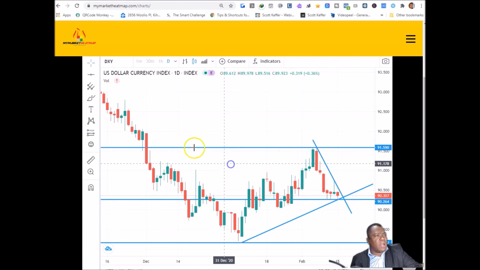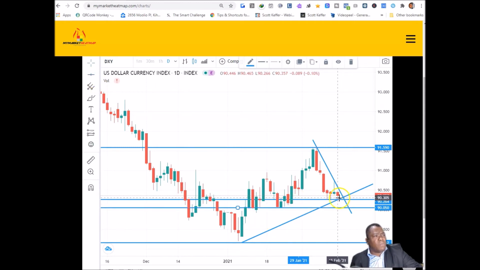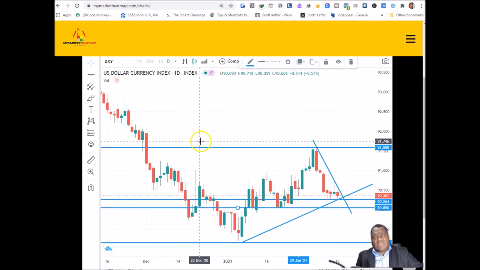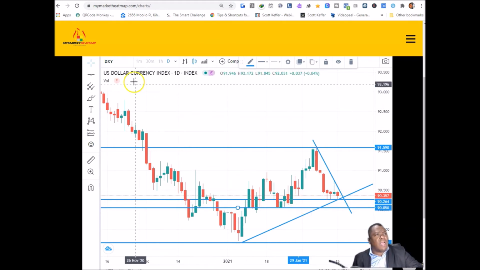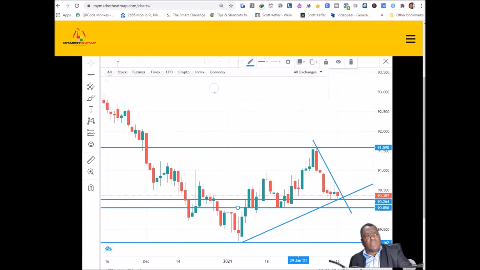We can also go down, and if we break 90.26, if the number is better than expected, we could see maybe a further test down to the 90.00 figure area. So this is the dollar index. Now we're going to flip it around, because the euro is the anti-dollar, and we can actually take a look at the euro. So let's go to EURUSD.